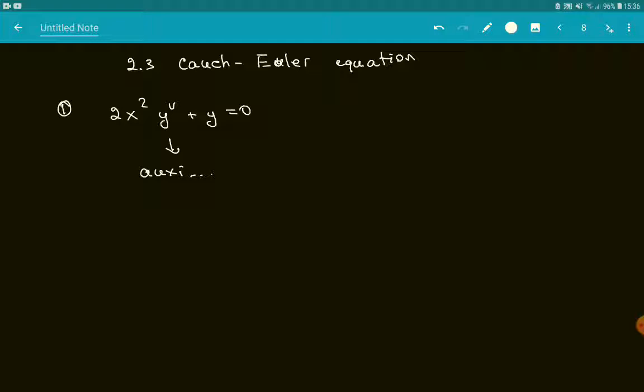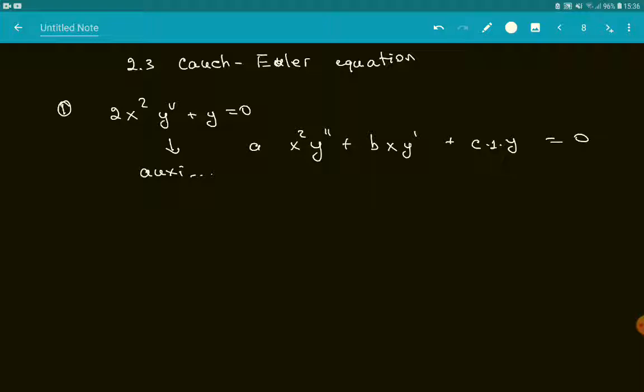In this method, let's say we have a y double prime plus b y prime plus c y is equal to 0, with constants a, b, c, and the coefficients x squared, x, and nothing, just 1.